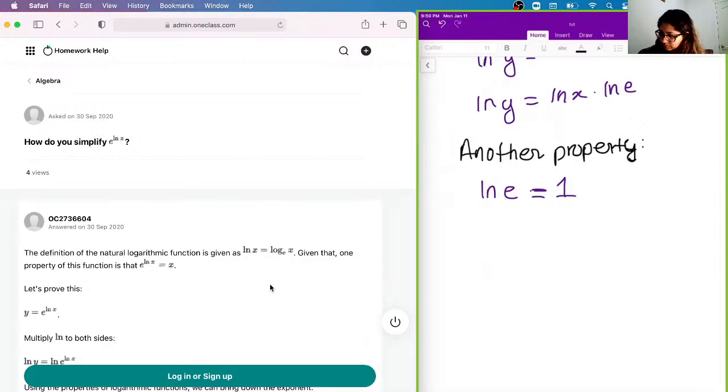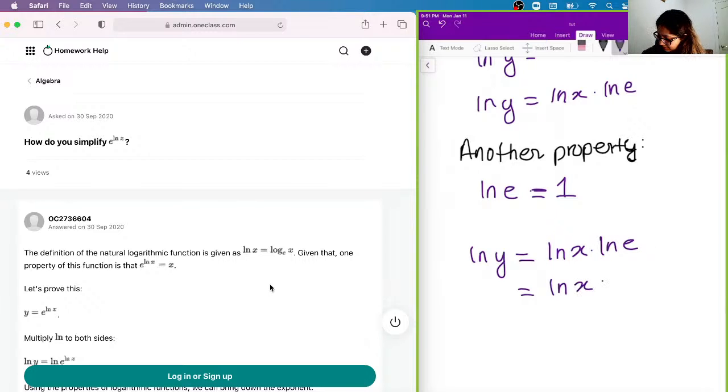And so, having said that, we have ln of y is equal to ln of x times ln of e. You can say this is equal to ln of x times 1.